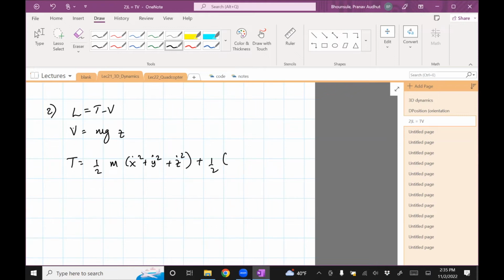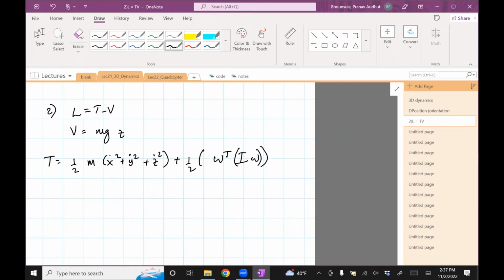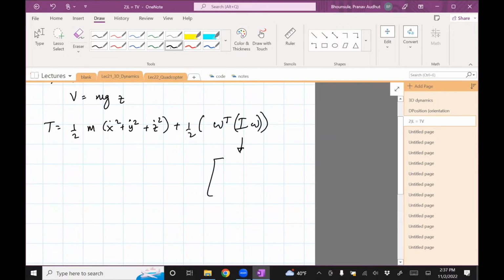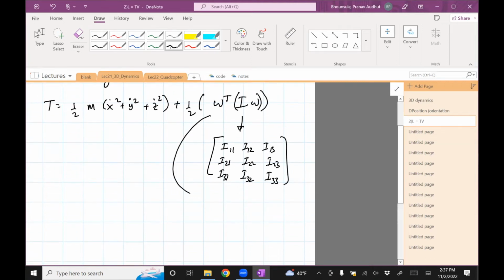I can do omega transpose I omega, where I is the inertia matrix, and omega is, well, here I've used omega as omega x, omega y, omega z. So this is the world frame angular velocity.